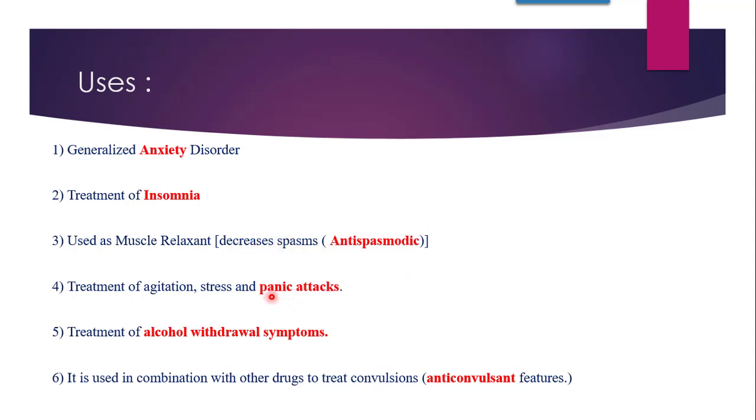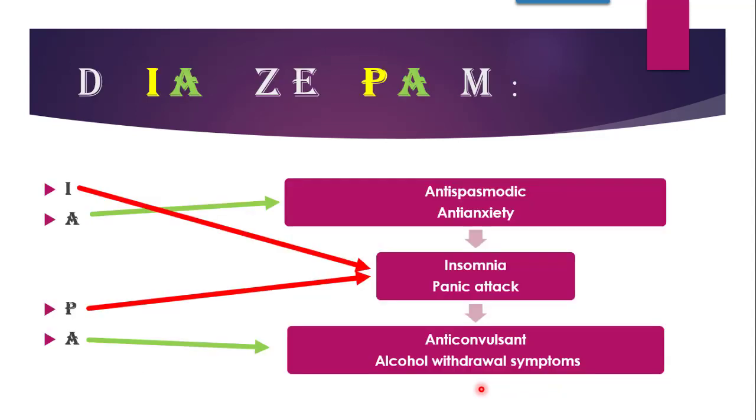It is also used in panic attacks, agitation, stress, etc. Also it is majorly used in alcohol withdrawal symptoms, and it is used in combination with other drugs to treat convulsions, epilepsy. So it is having anticonvulsant features.